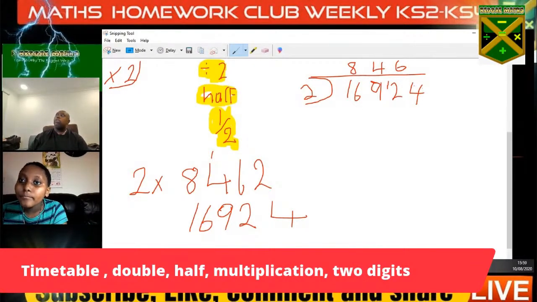And 2 into 4 goes 2. So we know that dividing by 2 gives us this.